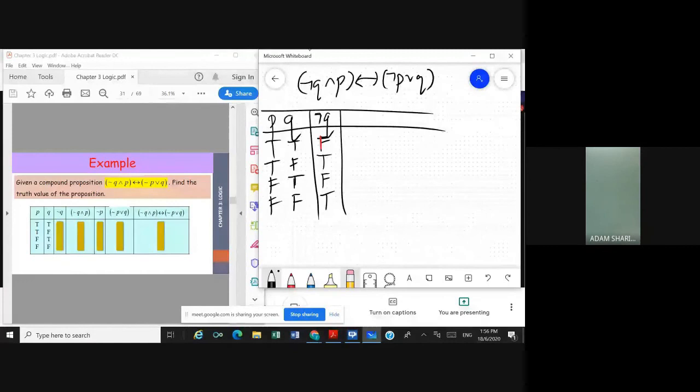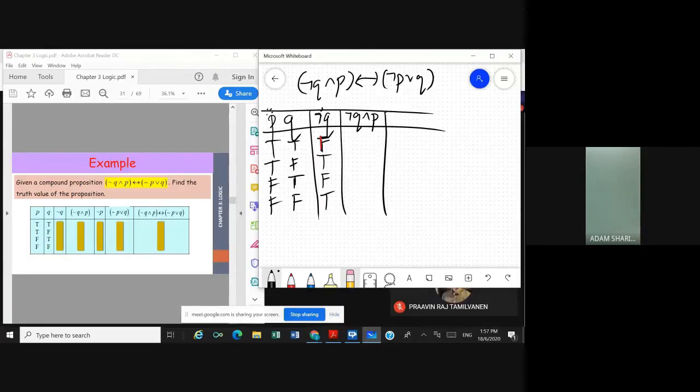Then we proceed with not Q and P. Not Q is F, T, F, T. When we look at not Q and P, you only focus on P and also not Q. Don't look at another column. Focus on one column at a time.